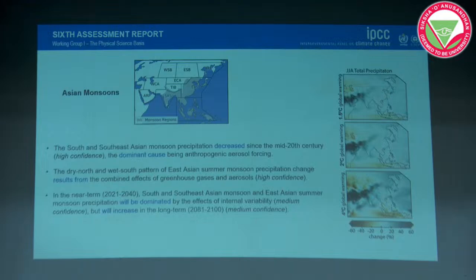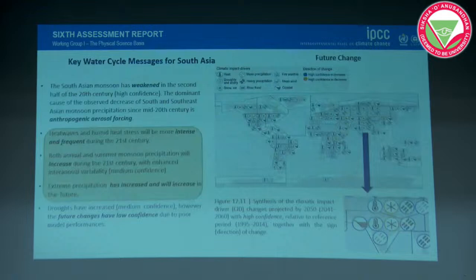And of course, in the future, because of the greenhouse gases, the monsoon will increase. Of course, it will be dominated by a lot of variability, and in the near term especially, internal variability is going to be an important issue. So we have to develop our early warning systems. And these are the key messages for Asia.